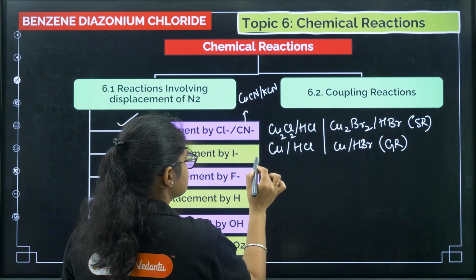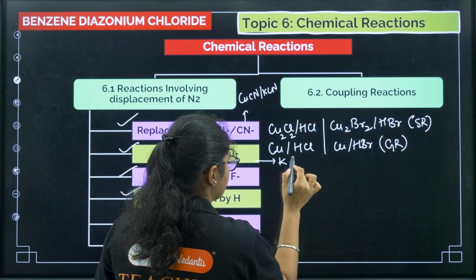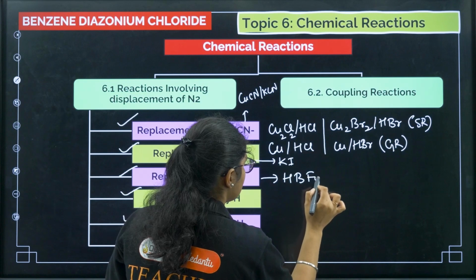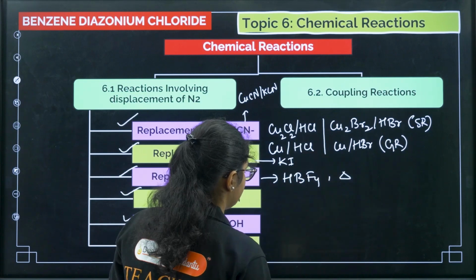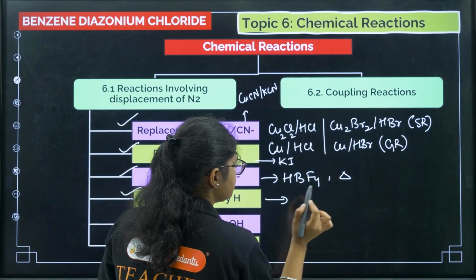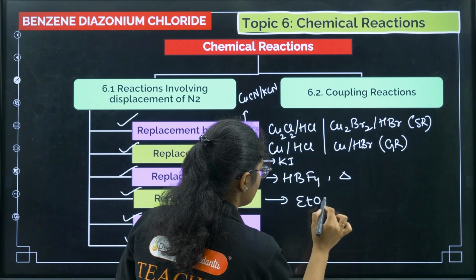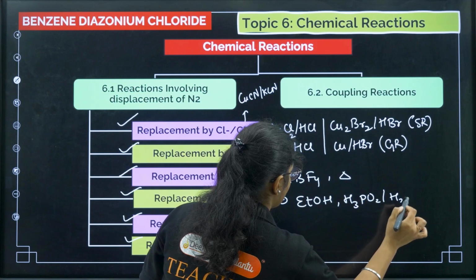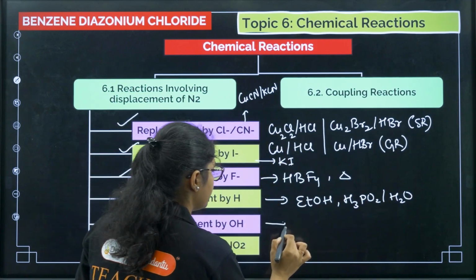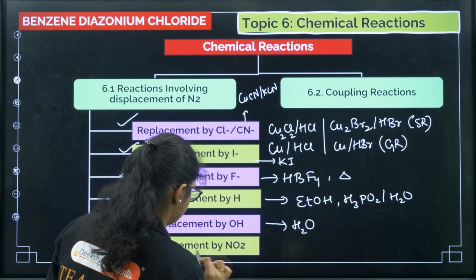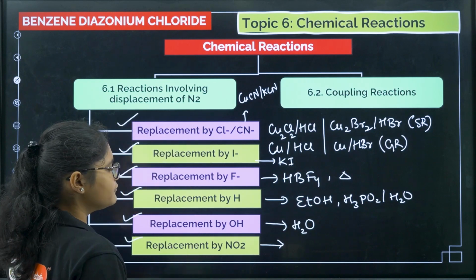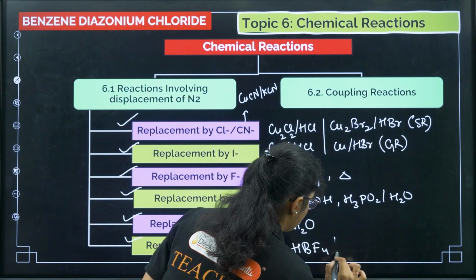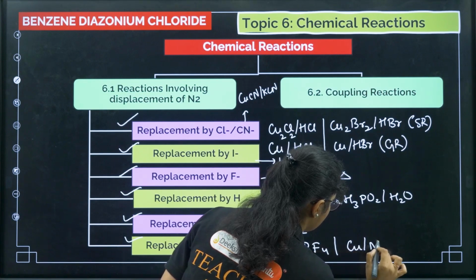For replacement with I you need simply KI. For replacement with F minus, we first need HBF4, then a salt will form, then you heat it. For replacement of H, you have two options, ethyl alcohol and H3PO2 in the presence of water. Next, replacement by OH, you use water. And for replacement by NO2, you again first treat it with HBF4 and then treat it with Cu and NaNO2.